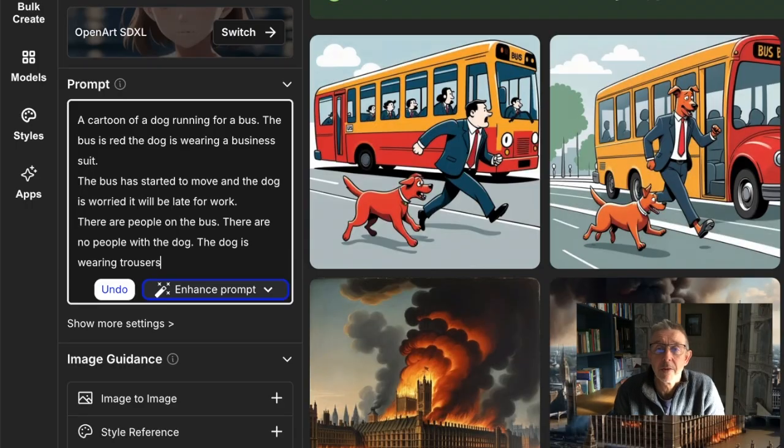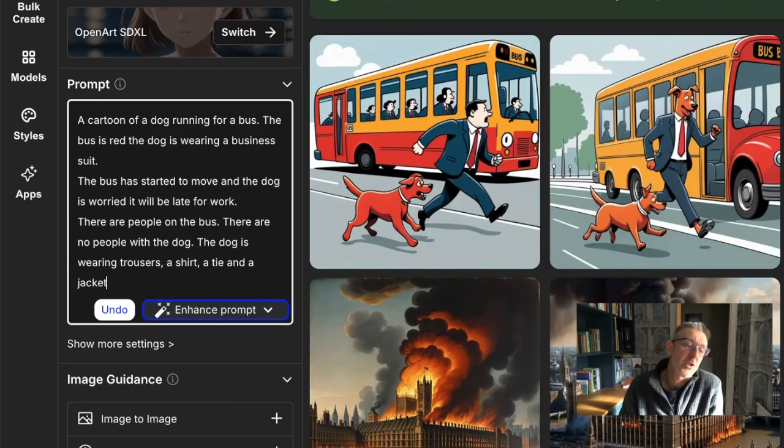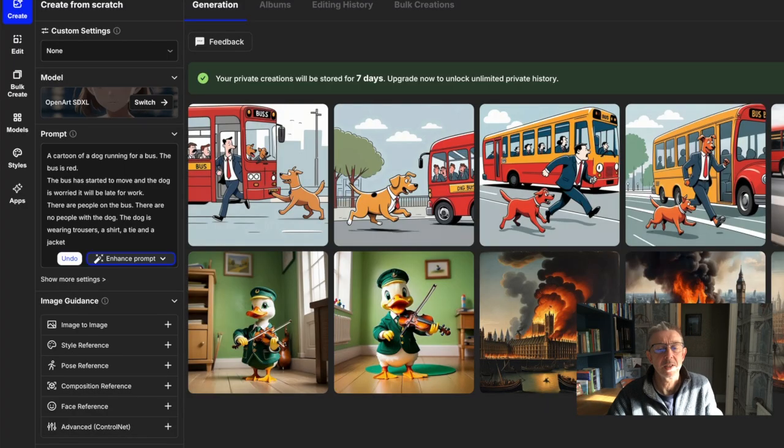So now I'm explaining to him that there are people on the bus, but there's no one with the dog. Dog is wearing trousers, a shirt, a tie and a jacket. Bit closer. What I'm actually going to do is take the 4th one of the pictures that you can see there, where the dog is wearing a suit, but there's another dog with it.